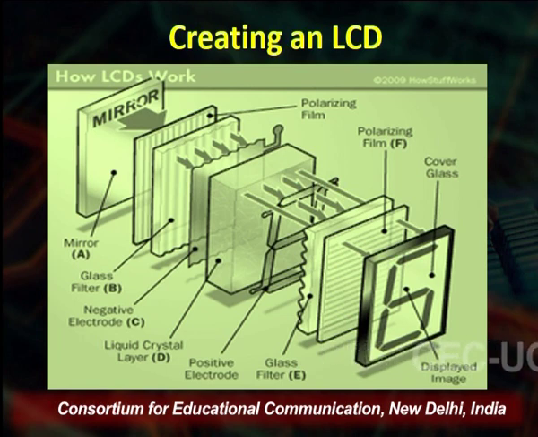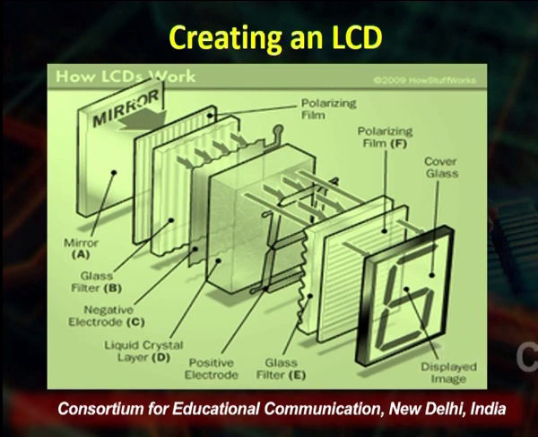After the glass filter, there is a point F, which is a polarizing film. We use the polarizing film on both parts, just in front of the glass filter.